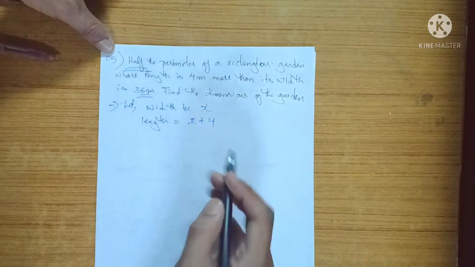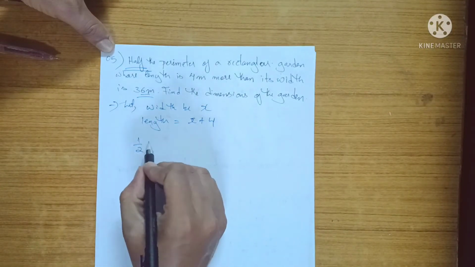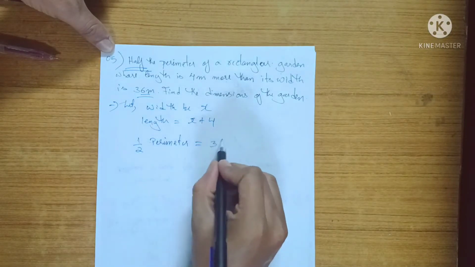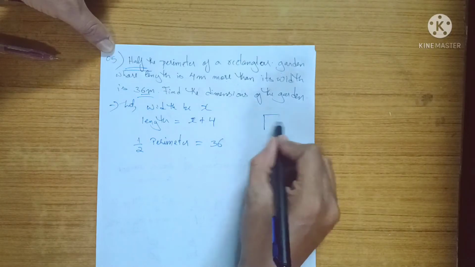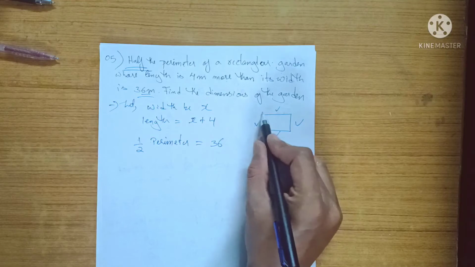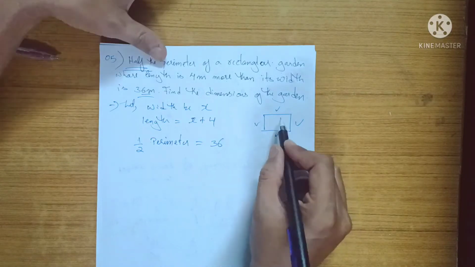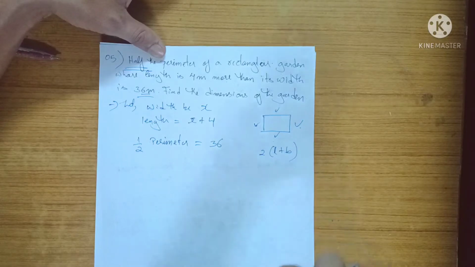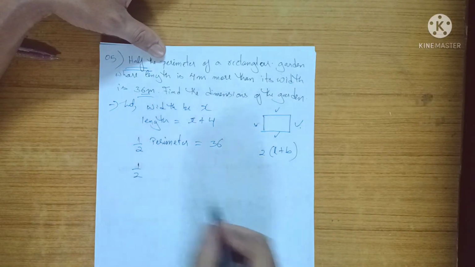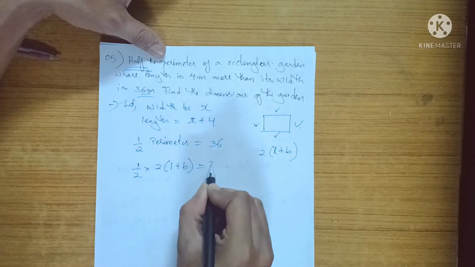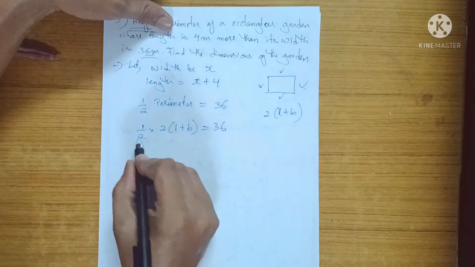Half perimeter is 36. And what is the perimeter of a rectangle? There's 2 lengths, there's 2 breadths. Perimeter means the length of the boundary, right? So 2 length plus breadth, so half into 2 length plus breadth equal to 36.